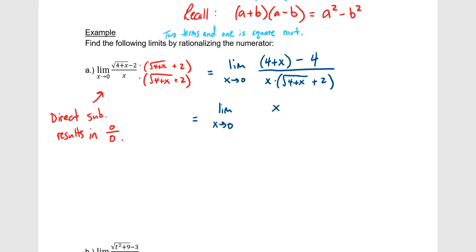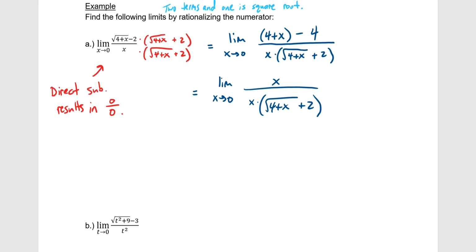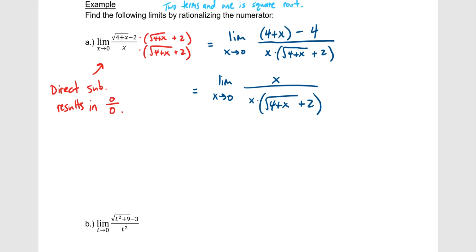So we're left with x over x times the square root of 4 plus x plus 2. And now something nice that happens is that these x's cancel off, so we're left with the limit as x approaches 0 of 1 over the square root of 4 plus x plus 2.